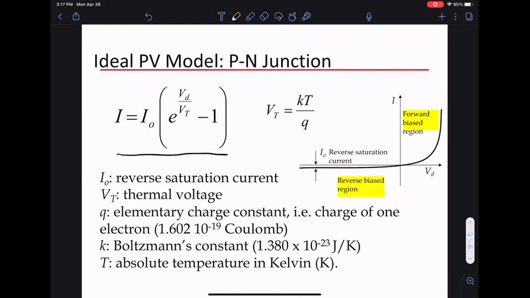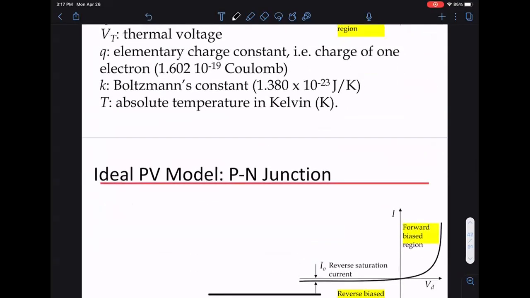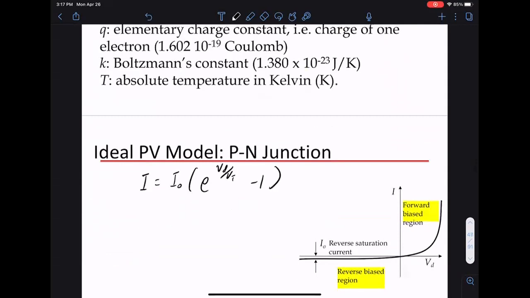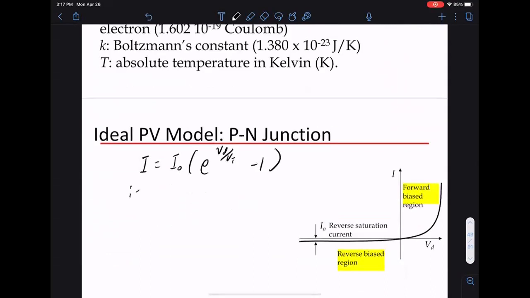So what this model says, if we take a closer look at the behavior of this equation in different regimes: if Vd is very small, if this goes to minus infinity, or if this is much smaller than 0, then the current is negative I0, which gives you this reverse saturation current.